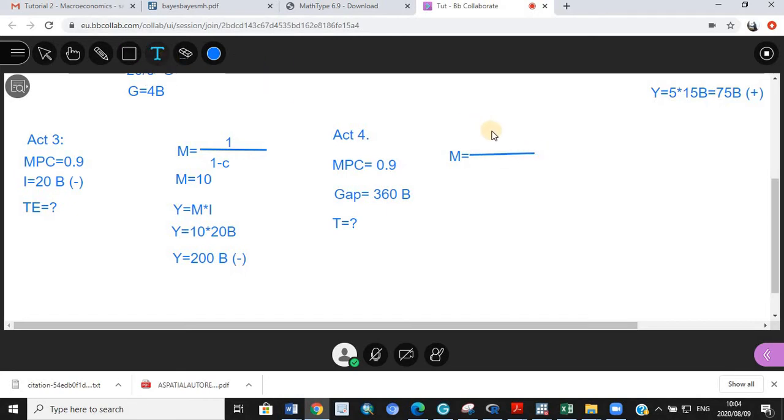I'm going to say 1 minus C, this should multiply C T, because this T is the tax. So here we have M is going to be equal to, in this case, I'm just going to write the division line.